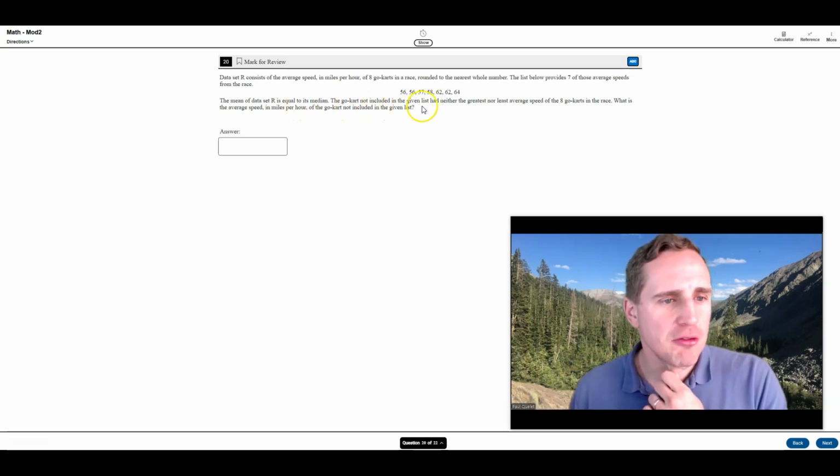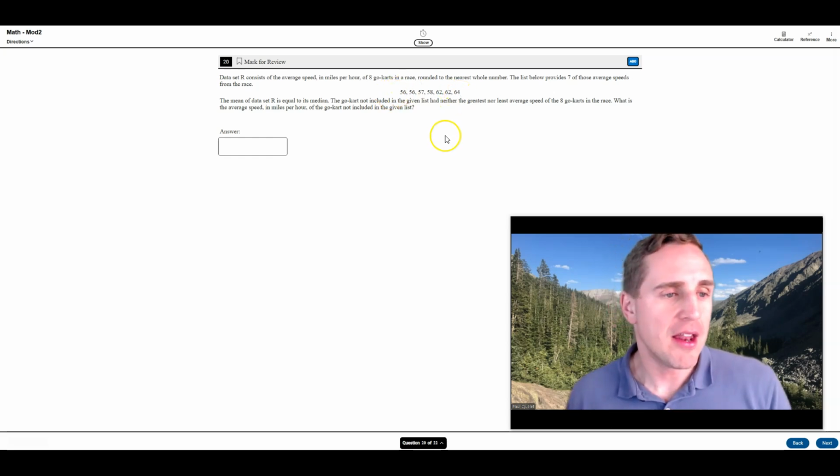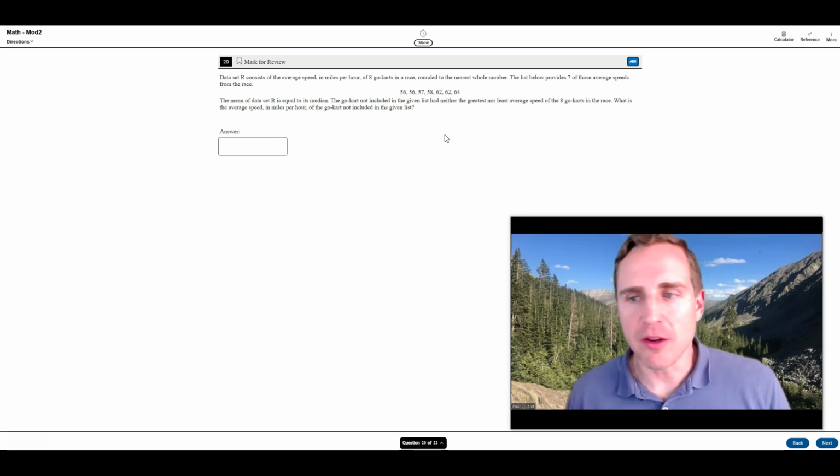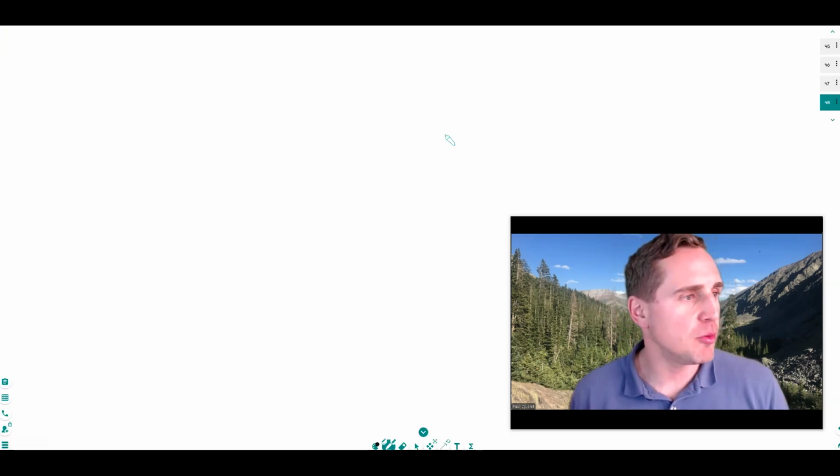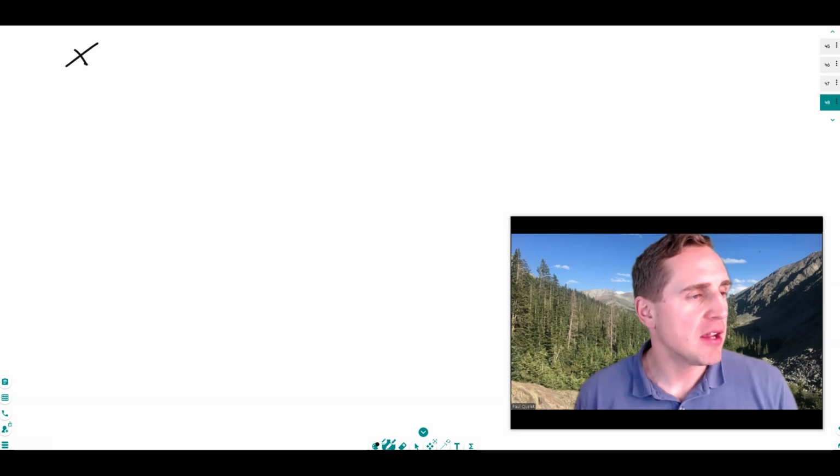The go-kart not included in the given list had neither the greatest nor the least average speed. So it's not equal to 56 or 64. It's also not less than that or above that. So let's take some notes. The excluded one needs to be less than 64, but greater than 56.